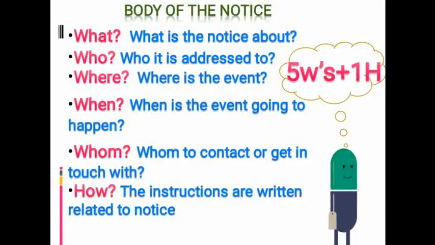Whom to contact or get in touch with if you have some doubt regarding the information. And finally the 1 H, how the instructions are written related to the notice. So all these are very important. So please remember the 5 W's plus 1 H while writing the content of the notice.